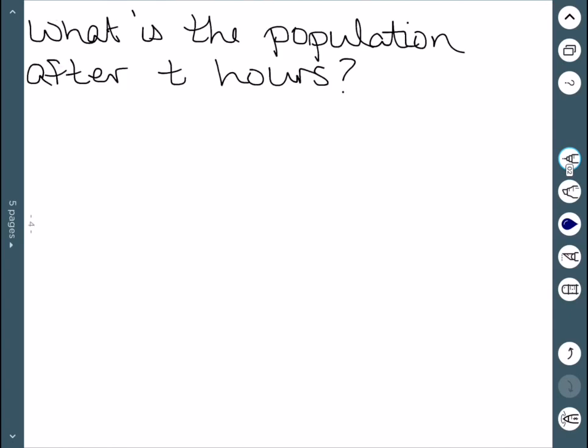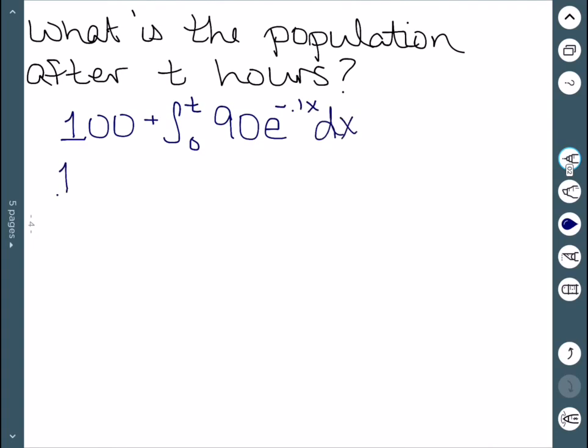To find the population after t hours, we would need to start with our initial value plus the integral from 0 to t of 90e^(-0.1x) dx. So this is 100 minus 900e^(-0.1x) evaluated between 0 and t.